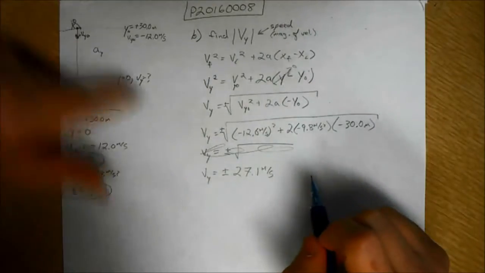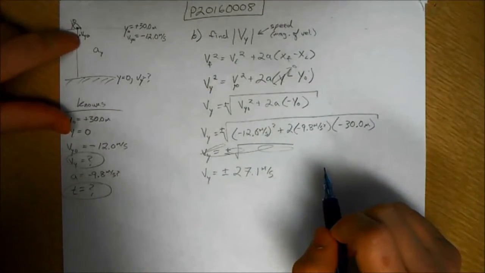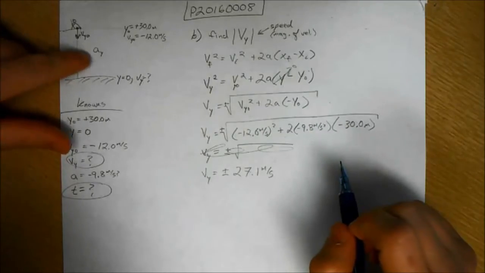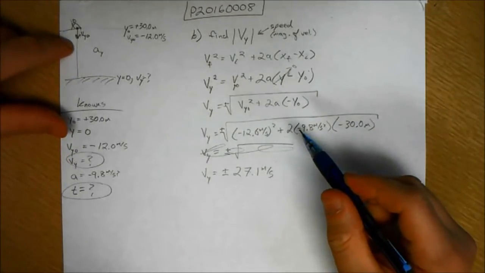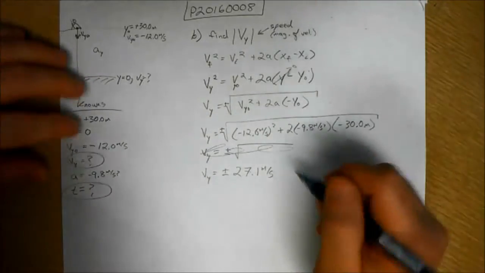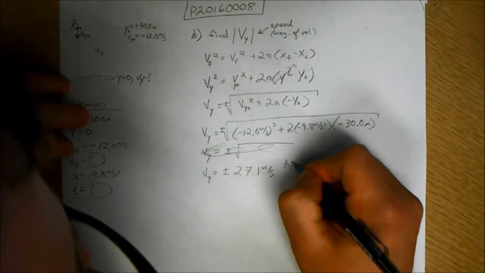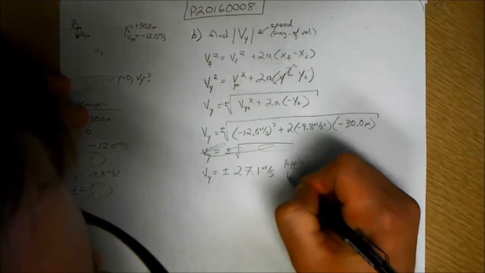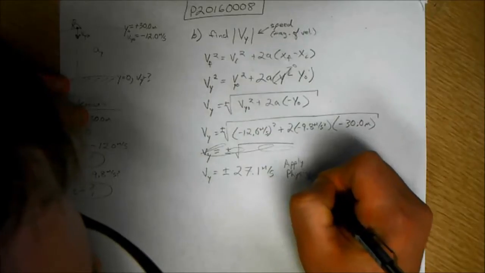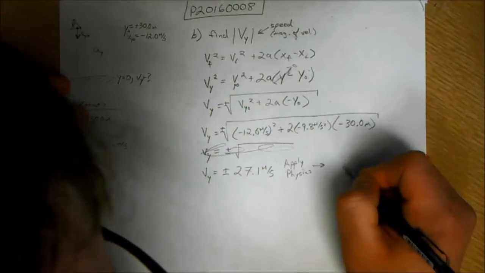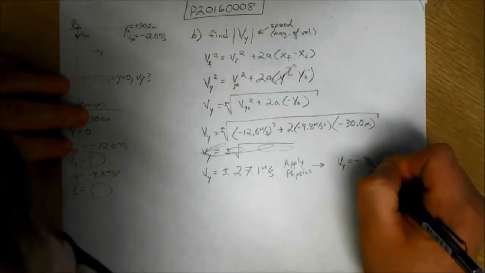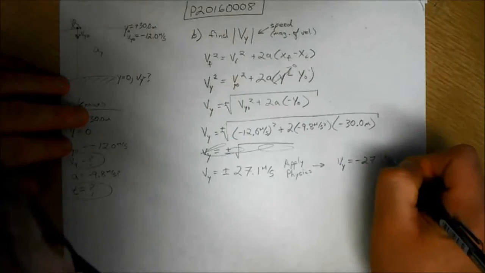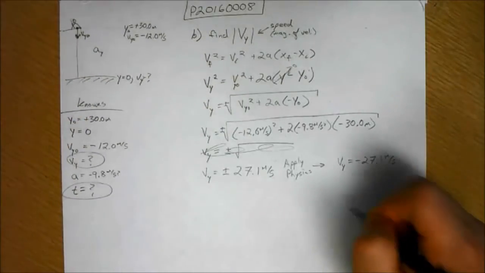Here's the thing. This doesn't make physical sense because the acceleration is always in the direction of the velocity. So this is where we have to apply physics. And Vy equals negative 27.1 meters per second because it has to be negative.